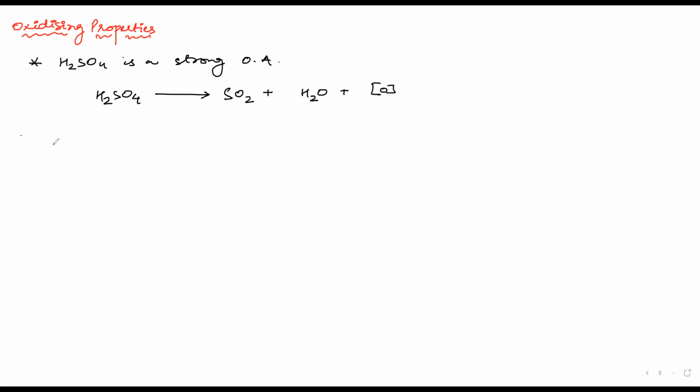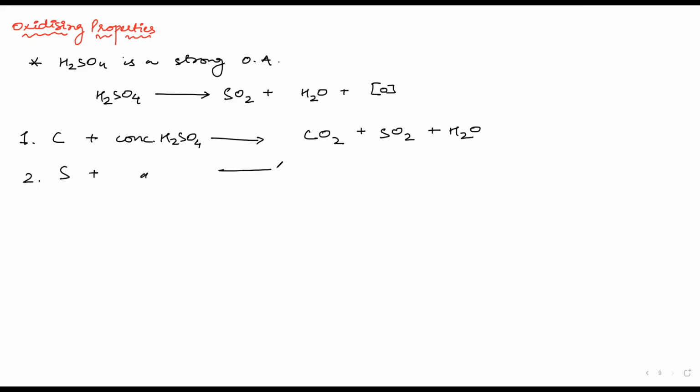Let us write some reactions. If you have carbon plus concentrated H2SO4, this carbon will get oxidized to CO2 plus SO2 plus H2O. Second case, you have sulfur plus concentrated H2SO4.